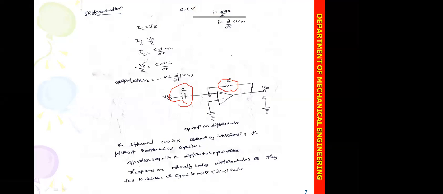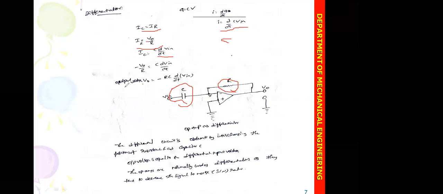Similarly, the current passing through resistor R is V0 by R, and the current in the capacitor is I. We already discussed that I is equal to C d by dt of VIN, where C is constant. The output voltage has a minus sign because it is arranged in the feedback.